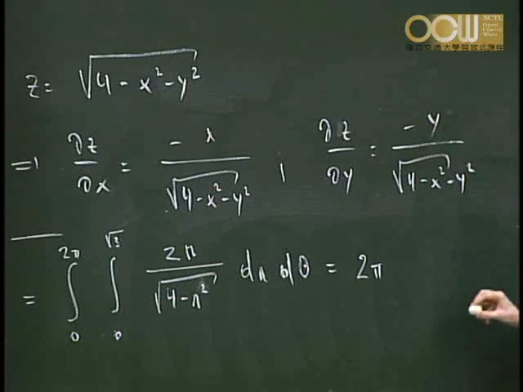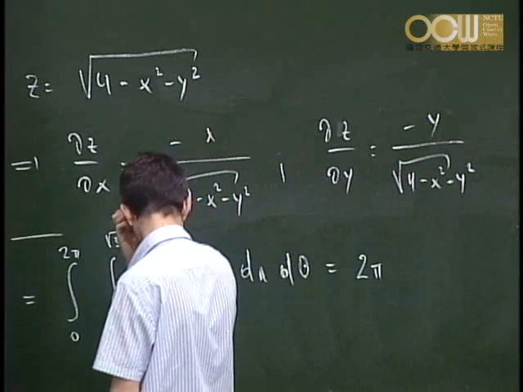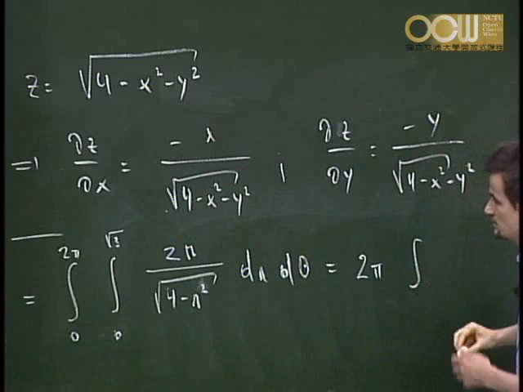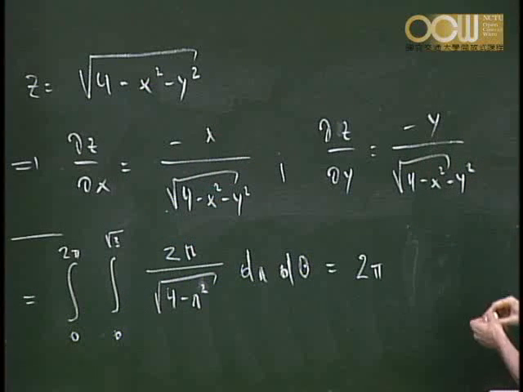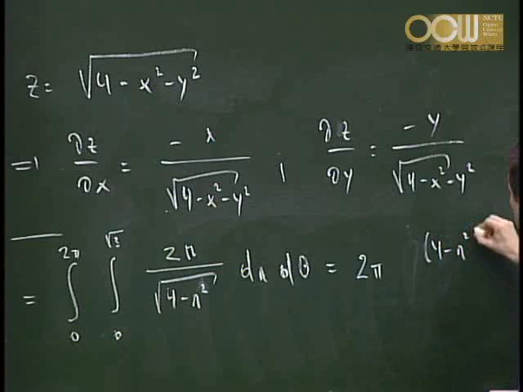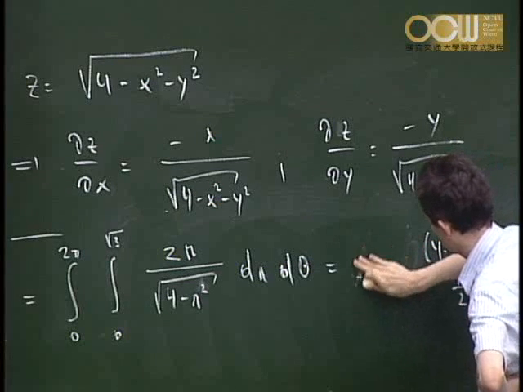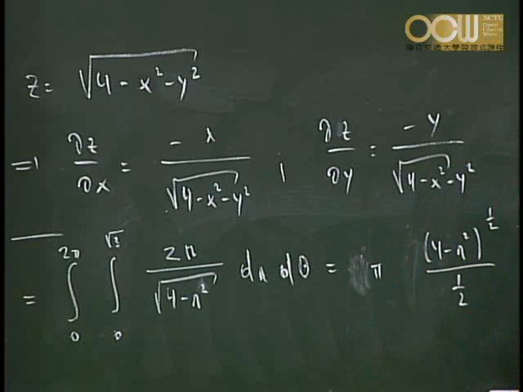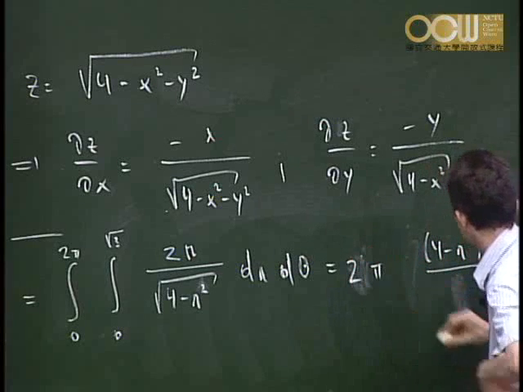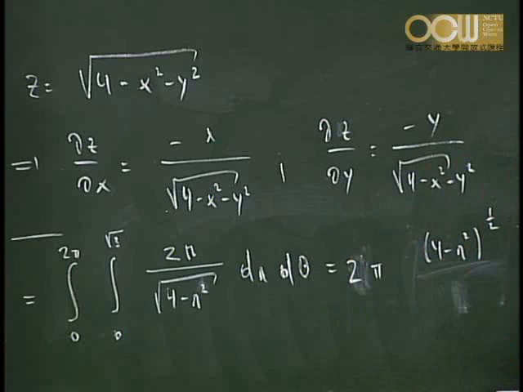And then for the rest, I compute the integral. So what I have is 4 minus r squared to the 1/2 over 1/2. So what does this give? Minus 2r, so I have to multiply everything with 1/2, so I remove this here. So I have 2, and then evaluate it at 0 and square root of 3.